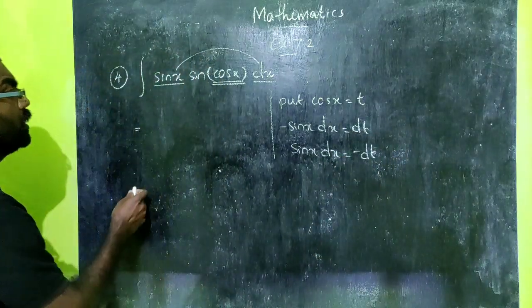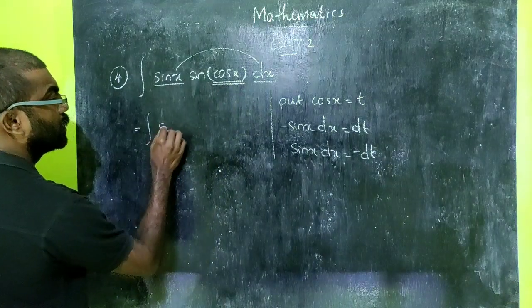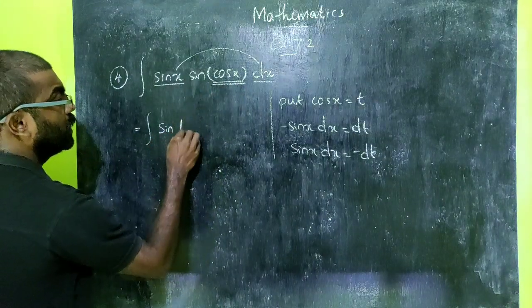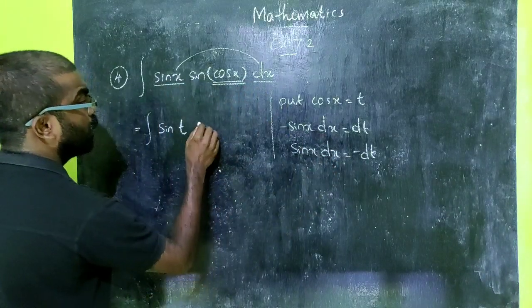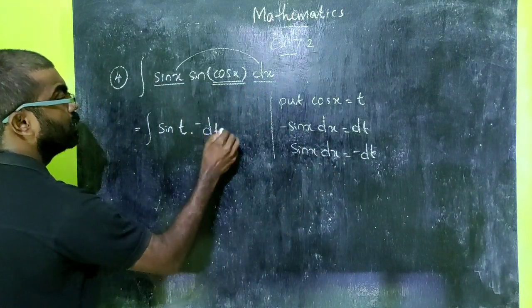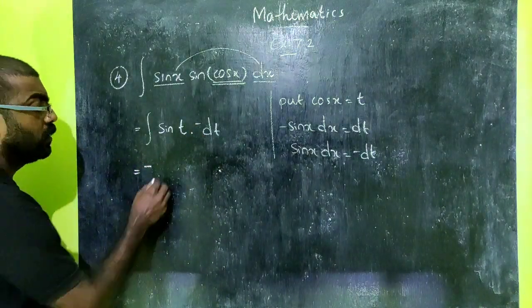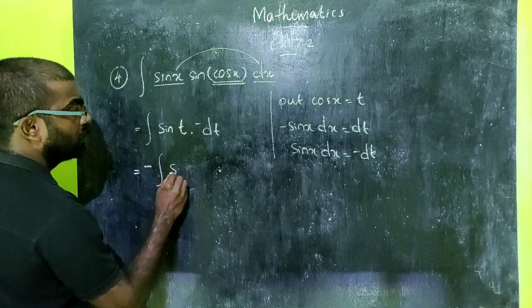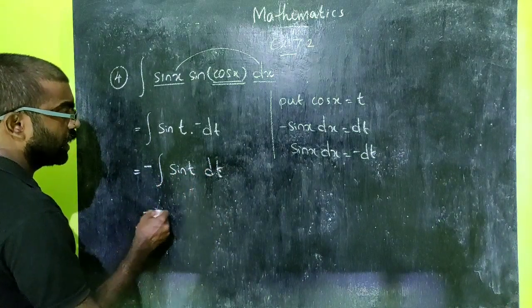Okay. Now we can replace. That is integral, first we can write this term. Sin cos x, cos x is t. So sin t and sin x dx is what? Minus dt. This minus sign we can take it out. So minus of integral sin t dt. What is integral sin x?